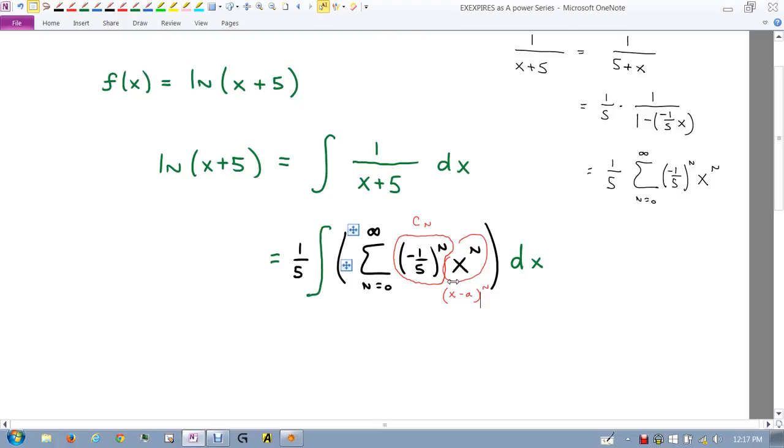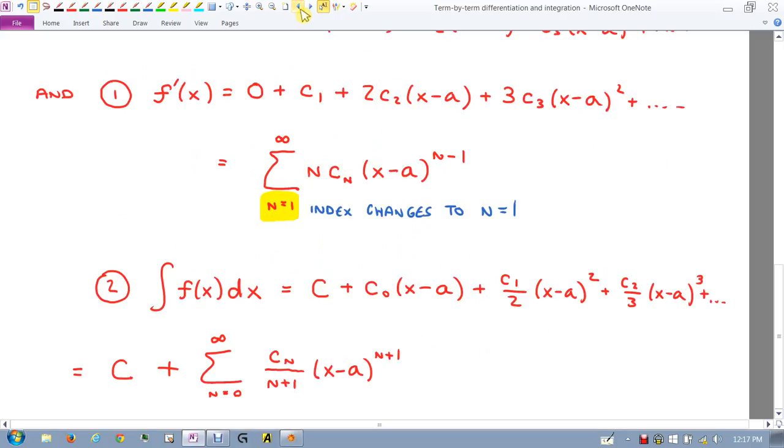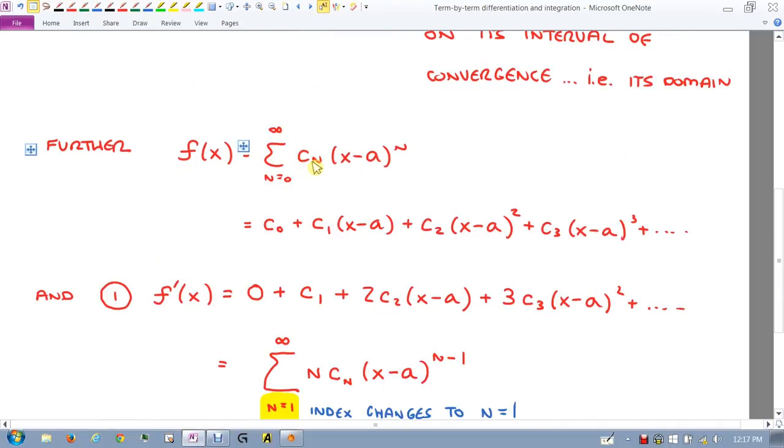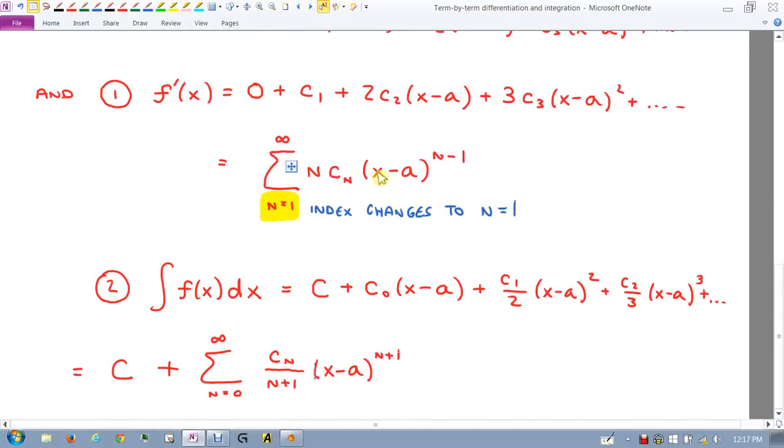The reason I want you to be careful is that when you go back and look at the formula for integration, if you have an original power series, your c sub n is separated from your x minus a to the n. When you actually do the antiderivative, does that c sub n formula change? No. All you're doing is putting an n plus 1 underneath it and an n plus 1 on the power on the x term.